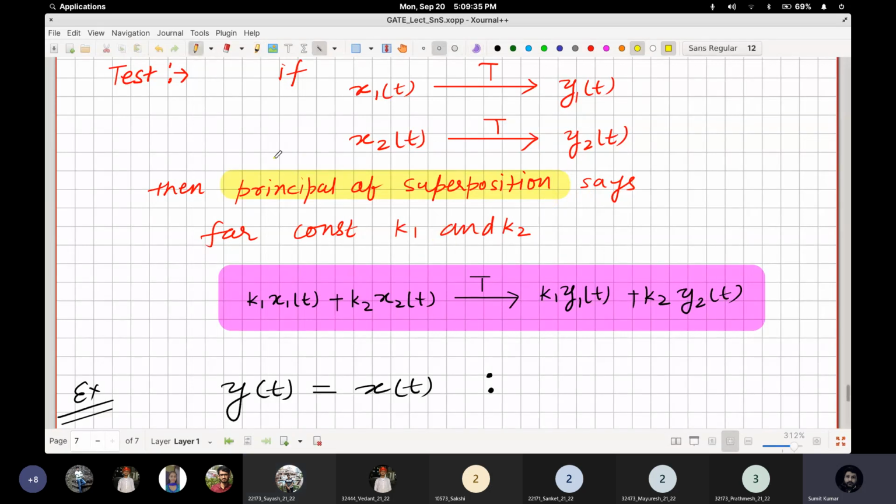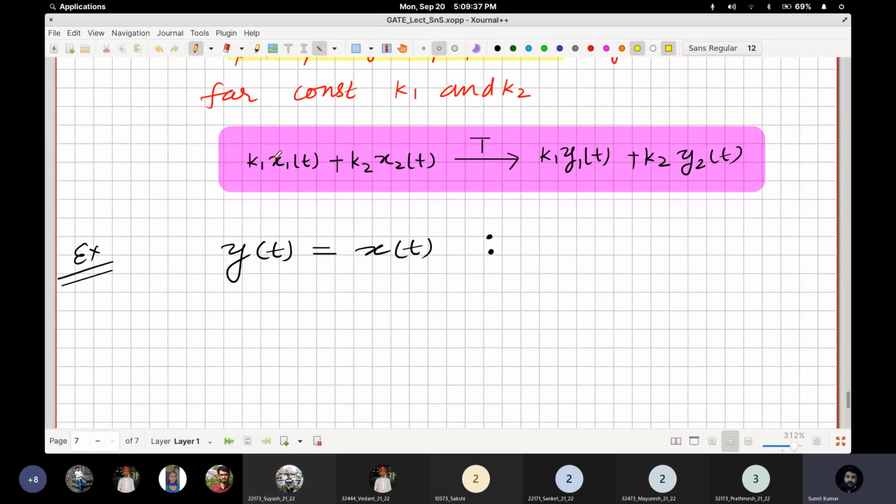And you have already seen the superposition theorem in network theory as well. So this system is linear actually, and we can easily verify it. The way you can verify it is: let x1(t) be the input, then what is going to be your output?